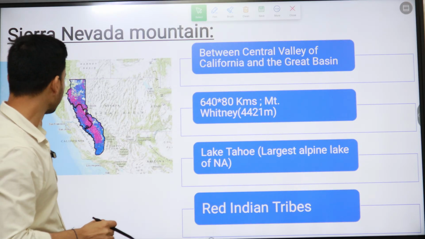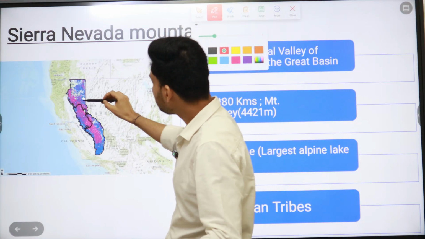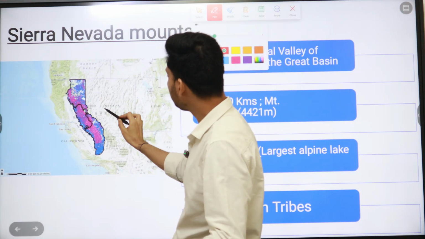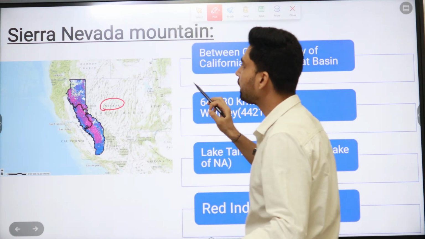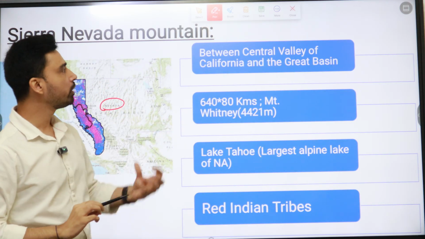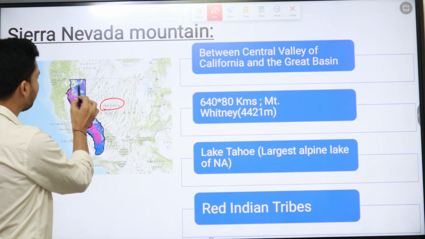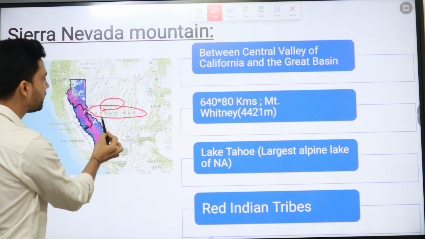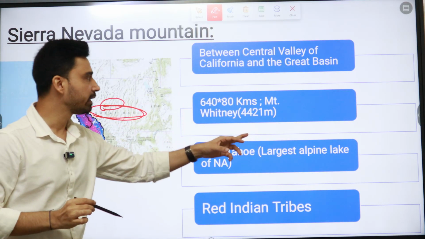Now further, if you look along the western coast of North America itself, you can see this extension along the Nevada state of the US. You will find a mountain called the Sierra Nevada mountain. Overall it extends between the Central Valley of California, and then you have the Great Basin region that we have discussed. So this side we have the Central Valley, and this side we have the Great Basin.